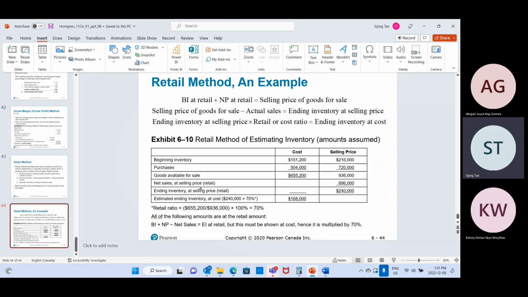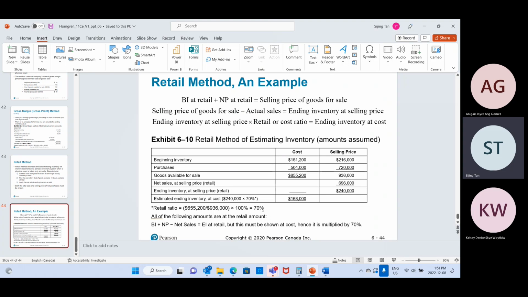The net sales of $696,000 has to be given. Then we can calculate the retail ratio, which is goods available for sale at cost divided by goods available for sale at selling price. That is 70%.